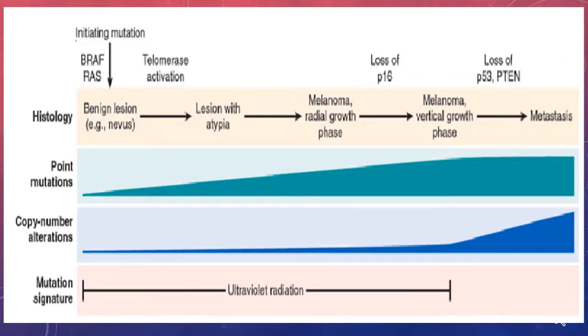To make it simple, what you should know is that the initiating event for melanoma to develop is the BRAF mutation, though it can also be found in benign nevus.